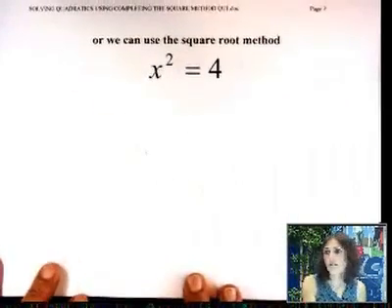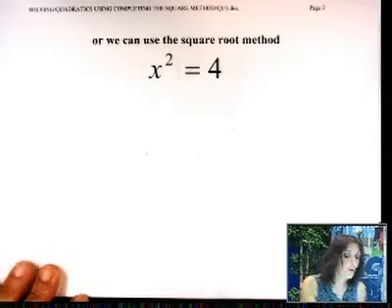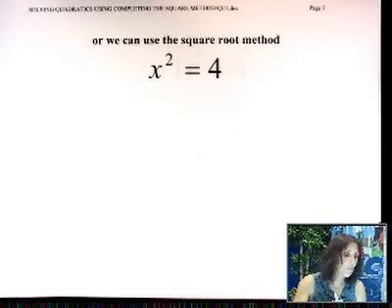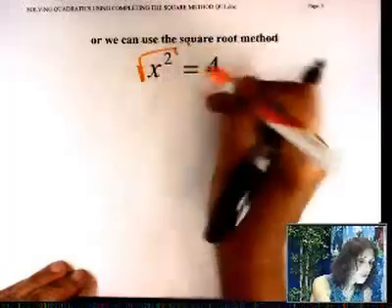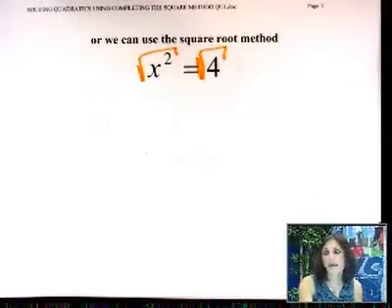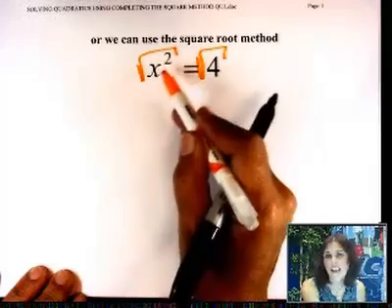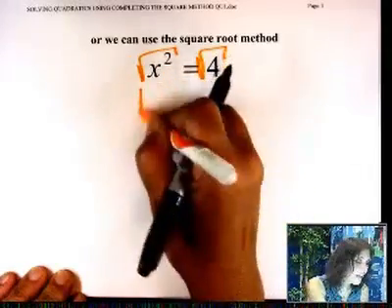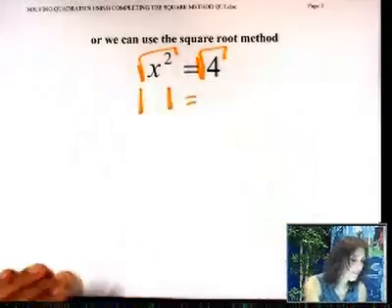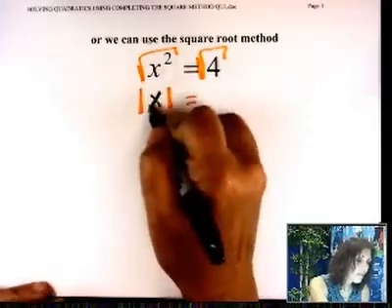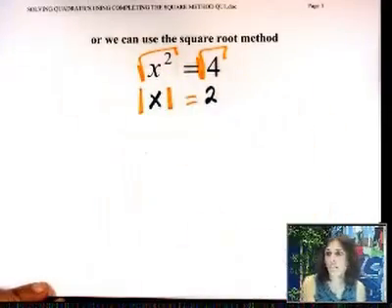Well, let's use the square root method. Same example. With the square root method, what you need to do is take the square root of both sides, and be careful. When you take the square root of something that has an x in it, you get the absolute value of x. So just remember that. This one is 2.